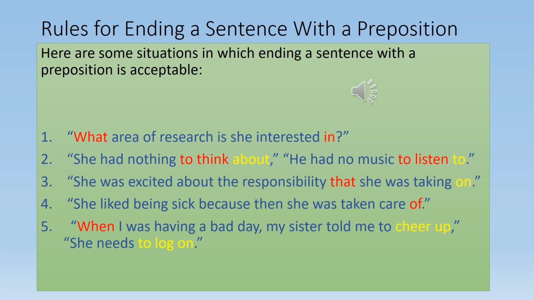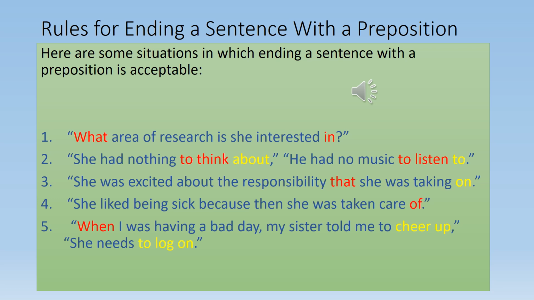Number 4. Look at the example. She liked being sick because then she was taken care of. Okay, most of us like to do that sometimes. Now what is the rule here? The rule is that passive structures, or when the subject of a sentence is being acted upon by the verb rather than doing the verb's action.